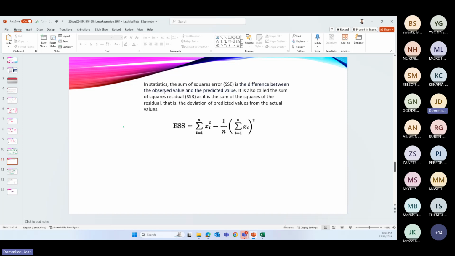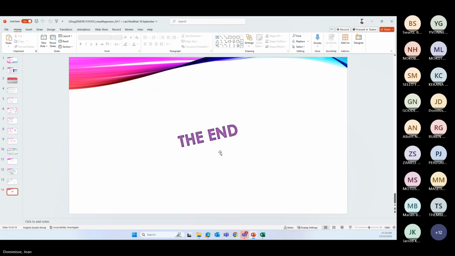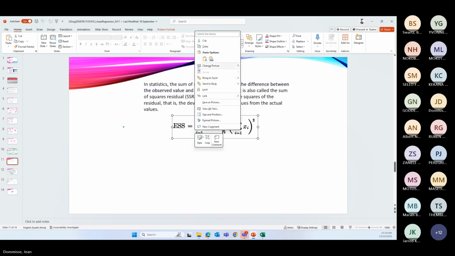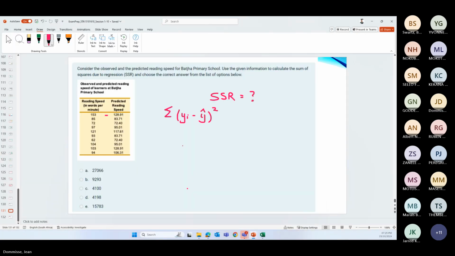Okay, observed value, and yeah, so that's an SSE.